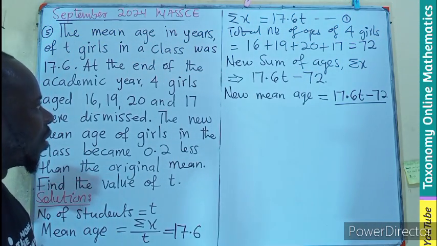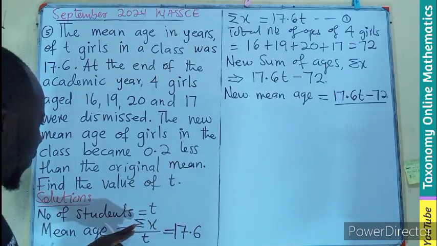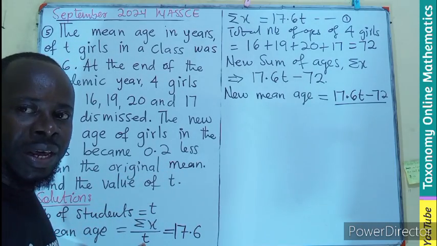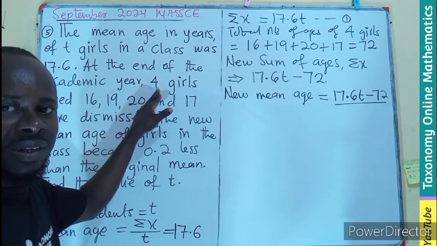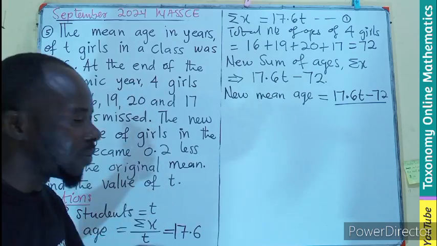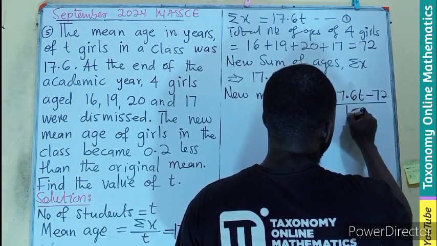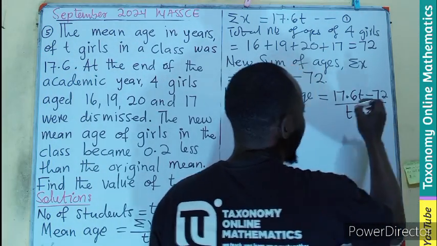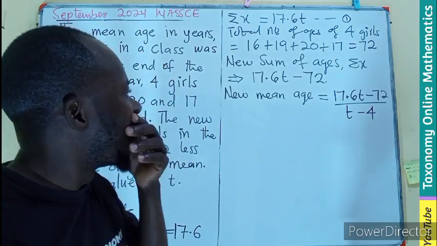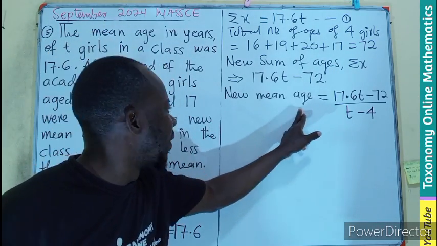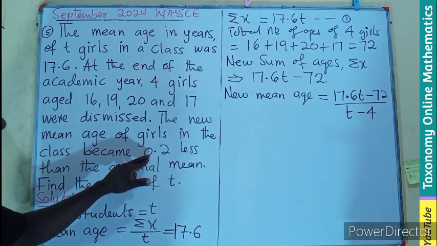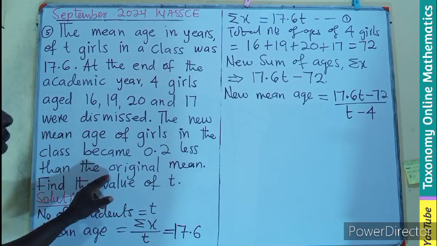And how many students are going to be left? There were T number of them in the beginning. 4 of them were dismissed, meaning there will be 4 less. So that is going to be T minus 4. All right. What is next? This mean age has been given to us as 0.2 less than the original.